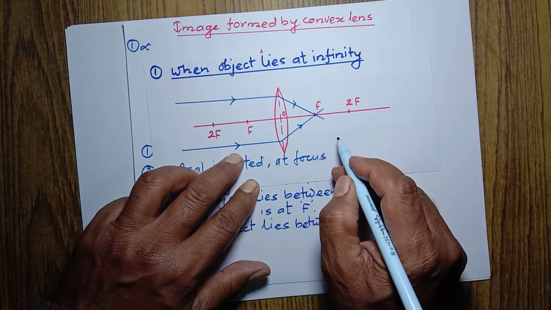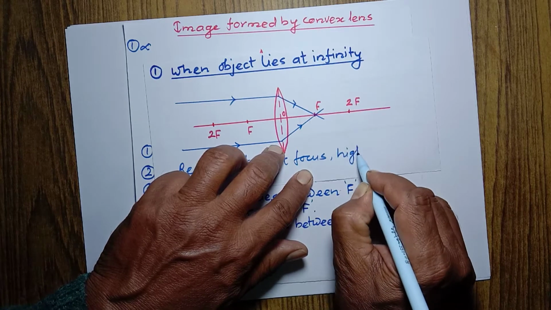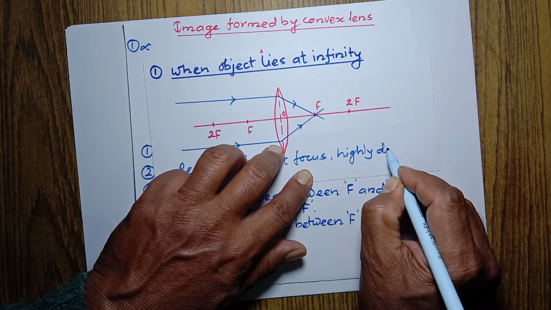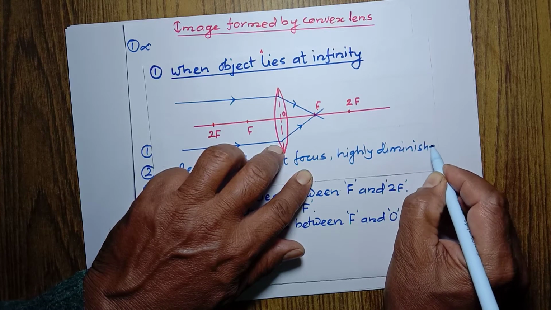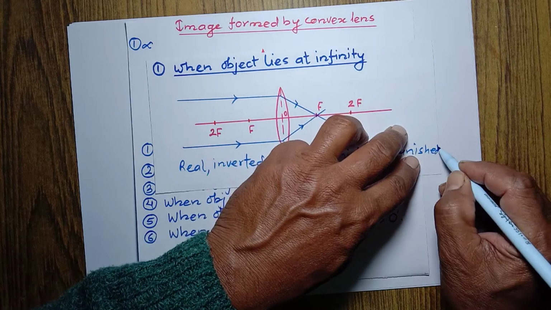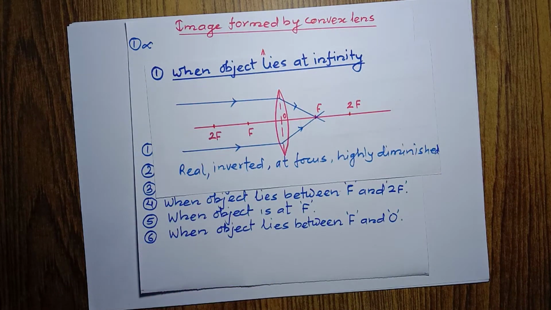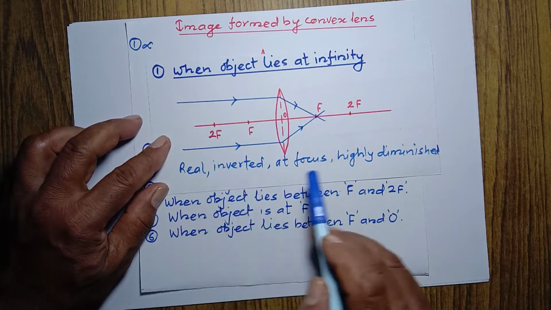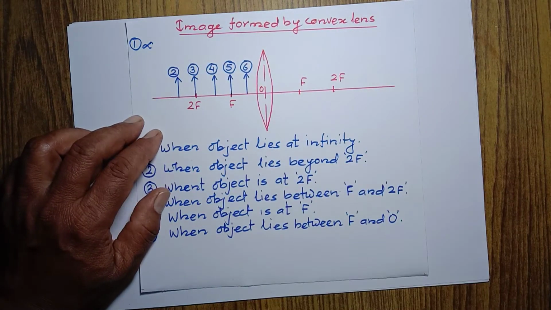It is point-like, that's why it is highly diminished. Now if we have to write the nature of the image formed by the convex lens when the object lies at infinity, then we can write: real, inverted and highly diminished image forms at focus. Okay, this is one solution.